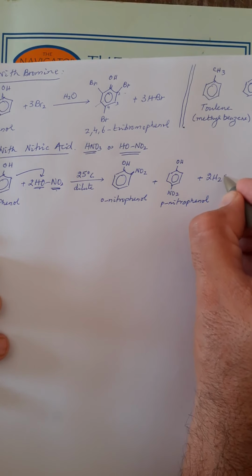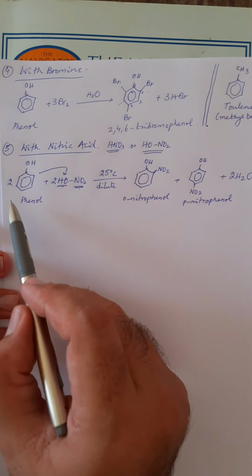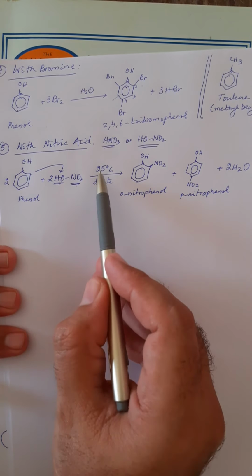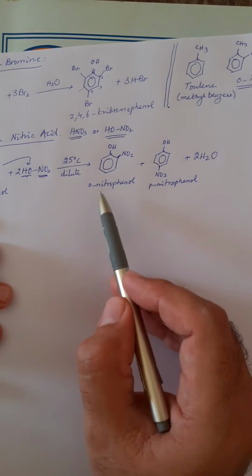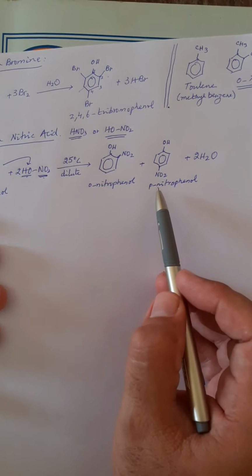So you can see that when phenol reacts with dilute nitric acid at room temperature, you get two products, O-nitrophenol and P-nitrophenol.